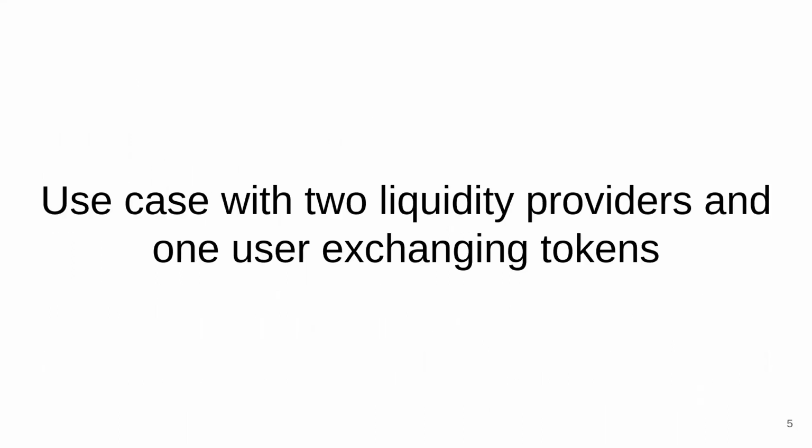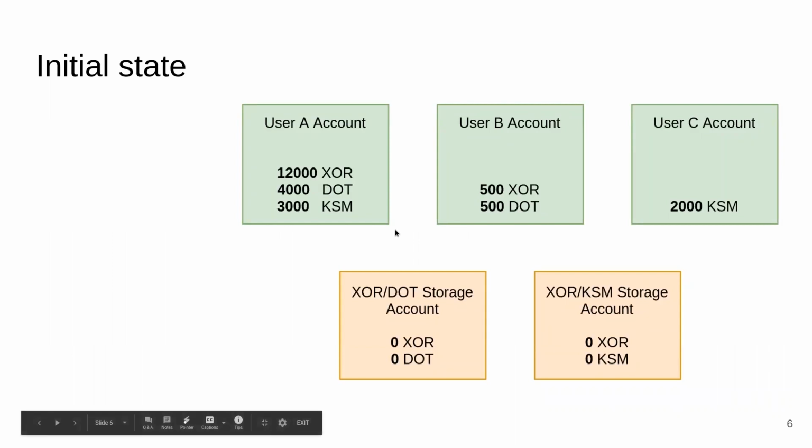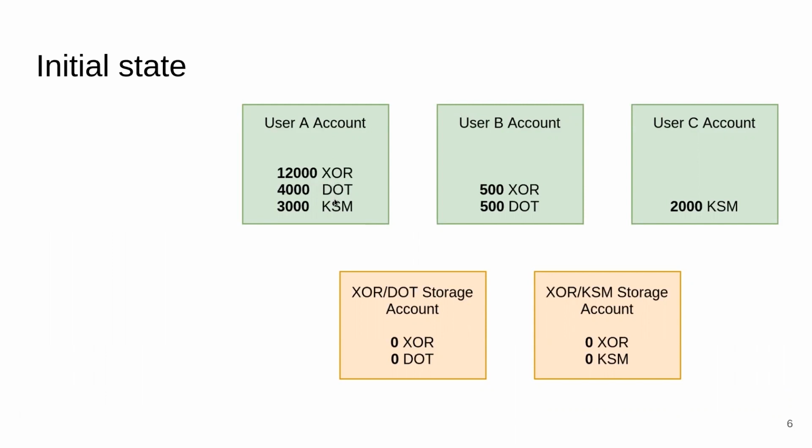Okay, so let's proceed to our use case. We'll showcase two liquidity providers and one user wanting to exchange tokens. So here's our initial state. We have 3 user accounts. The user A account has some XOR, DOT, and KSM tokens.